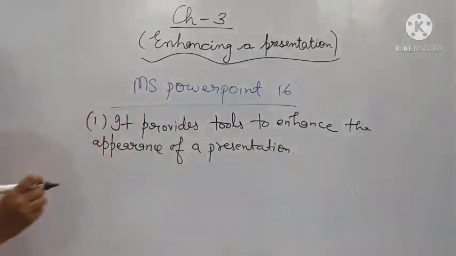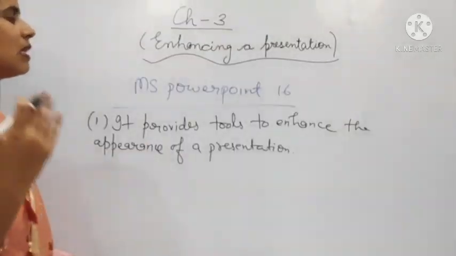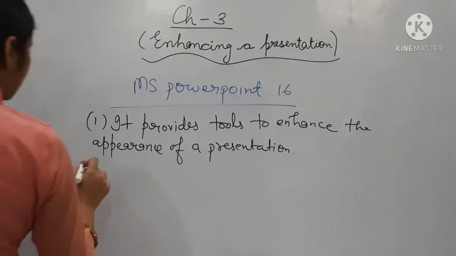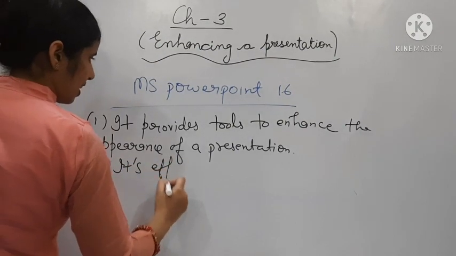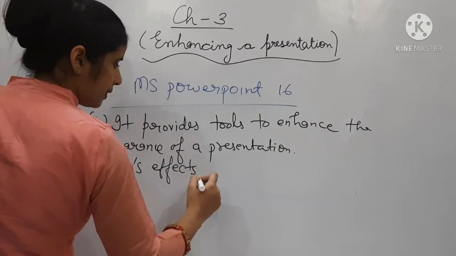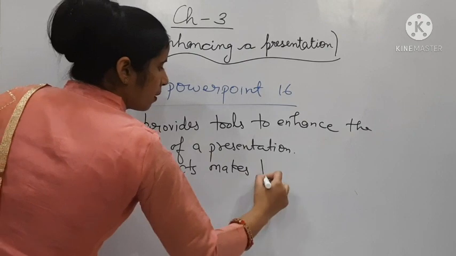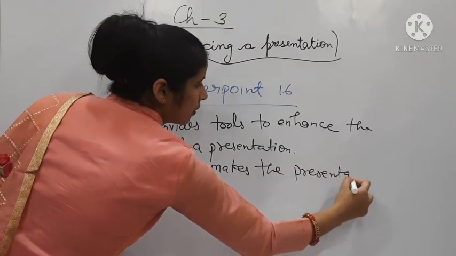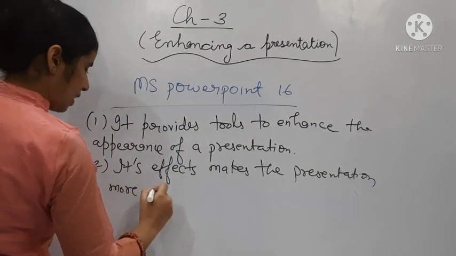As I had discussed with you, it gives us some tools that increase the appearance of a presentation. Second is its effects, whatever effects it has, its effects make the presentation more attractive.